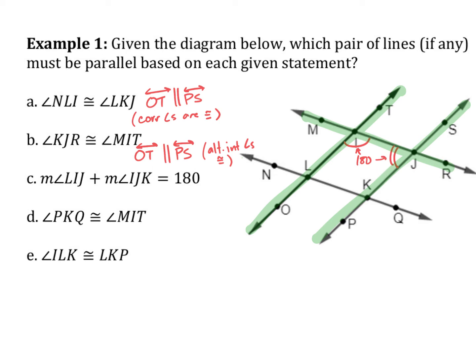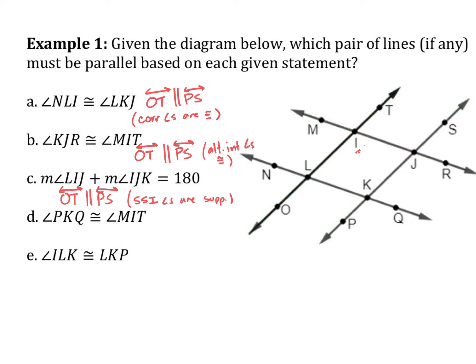Again, I didn't mean to make this example like this, but it just so happens that we have the same set of lines parallel because same side interior angles are supplementary. So that makes those lines parallel. Let's look at the next one.